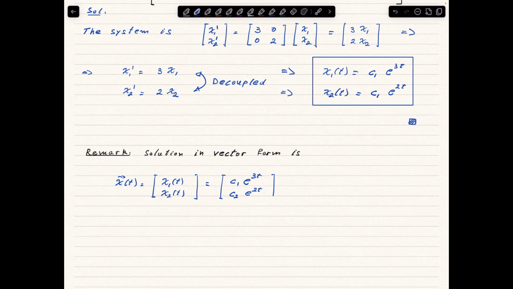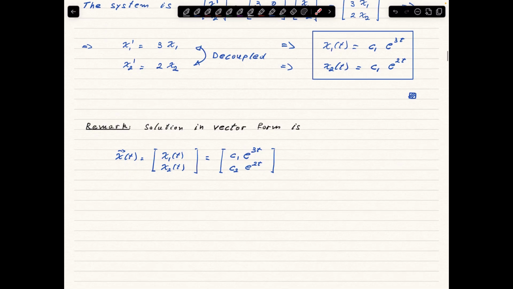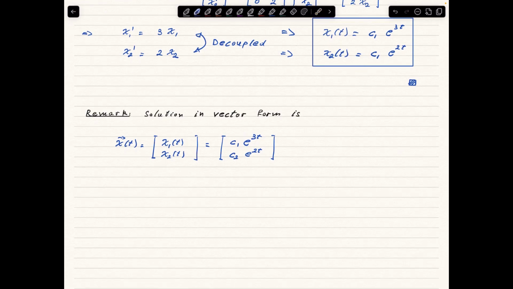Nothing interesting going on here, but let's write this vector as the first component, c1 exponential of 3t, 0, plus the other component, 0, c2 exponential 2t.